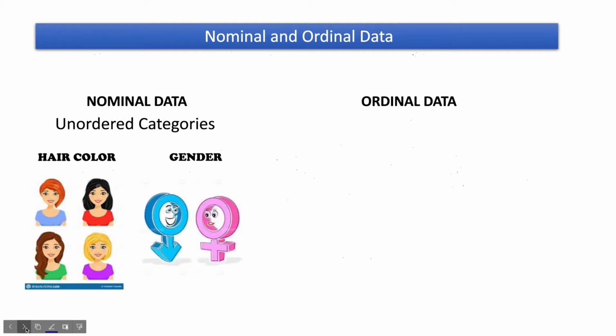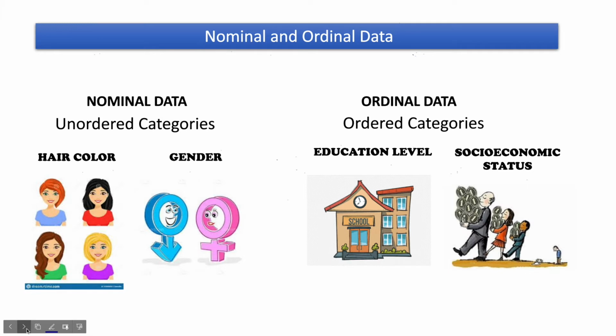Nominal data is data that can be organized in unordered categories, such as hair color, black, brown, blonde hair, or gender, male and female. In comparison, ordinal data is data that is in ordered categories, such as highest education level, with the categories being less than high school, college, or graduate school, or socioeconomic status, with low, middle, or high income.